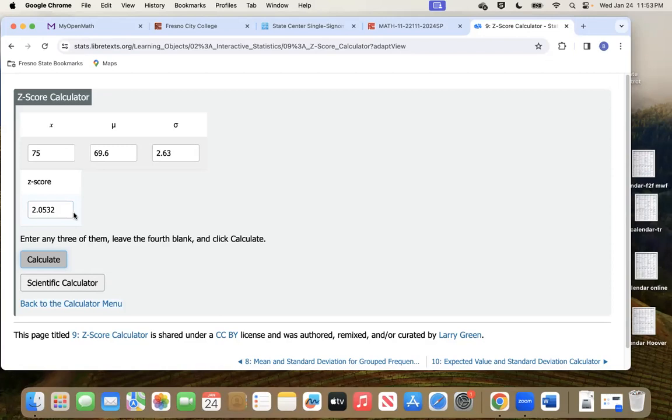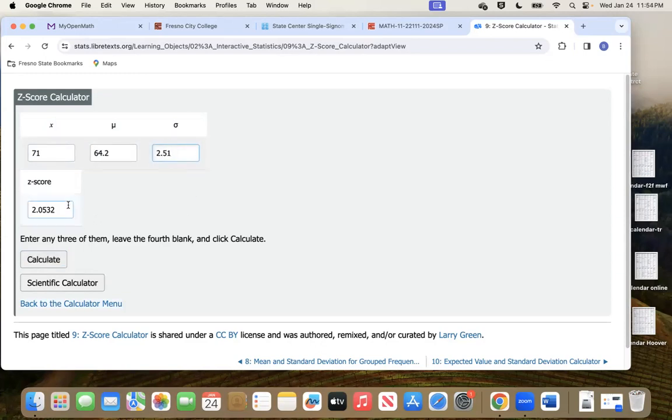Okay, now let's do the woman. So for the woman, we change the X. The woman's height was 71 inches. Her mu, her average, the average for all women is 64.2. And the sigma, that's a Greek S. It looks like a zero or something, but it's a Greek S. The standard deviation for women was 2.51.